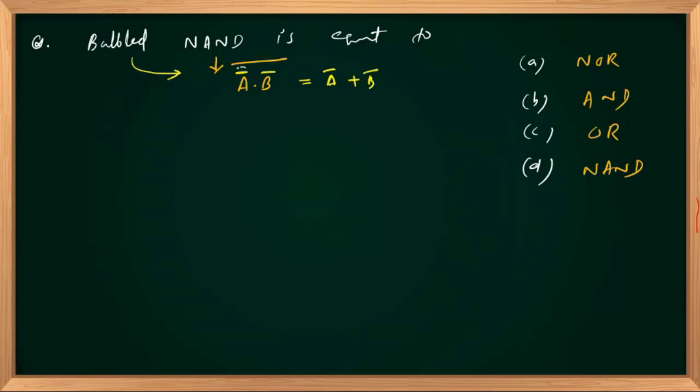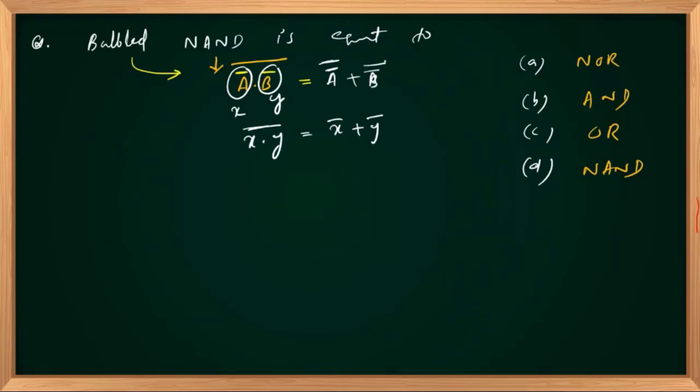If A bar is X, B bar is Y, it is nothing but X dot Y whole complement, that is equal to X bar plus Y bar. X bar is nothing but A complement here, so A complement the whole bar plus B complement the whole bar.